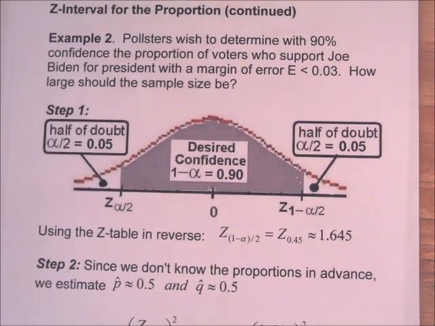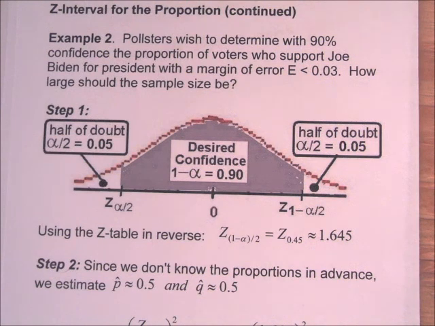Example 2. A lot of times it's good to know in advance how large your sample should be. If the sample is too small, you may not get the results that you want. If the sample is too big, you'll get the results that you wanted, but you may end up spending more money than you wanted to spend, because large samples can be expensive.